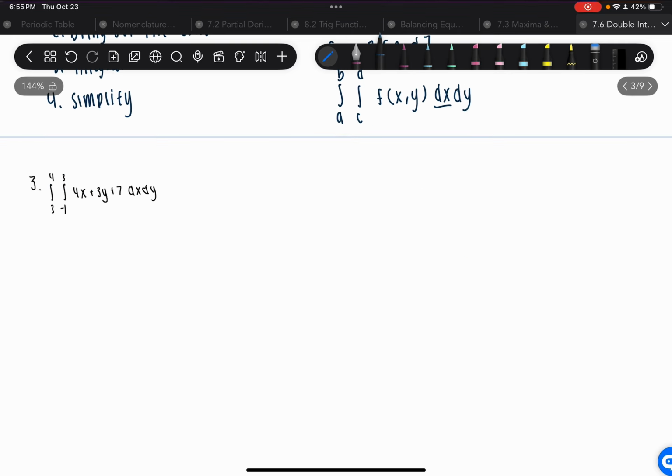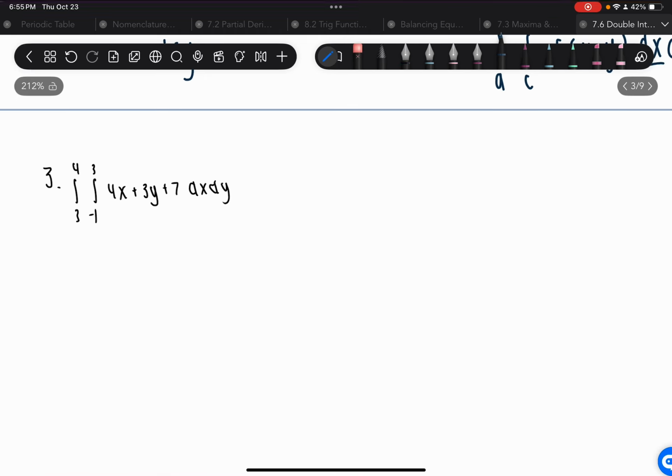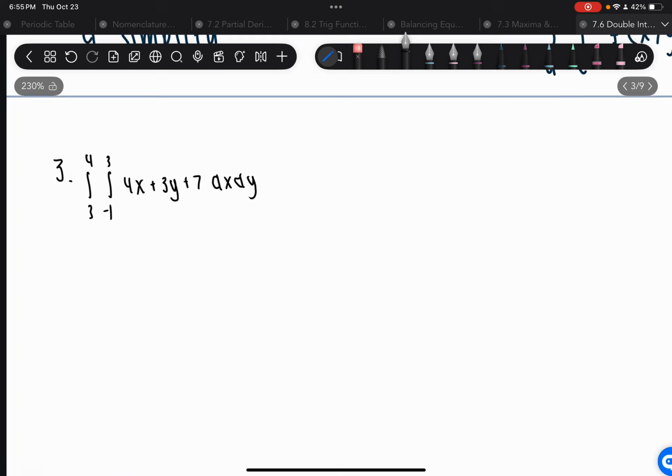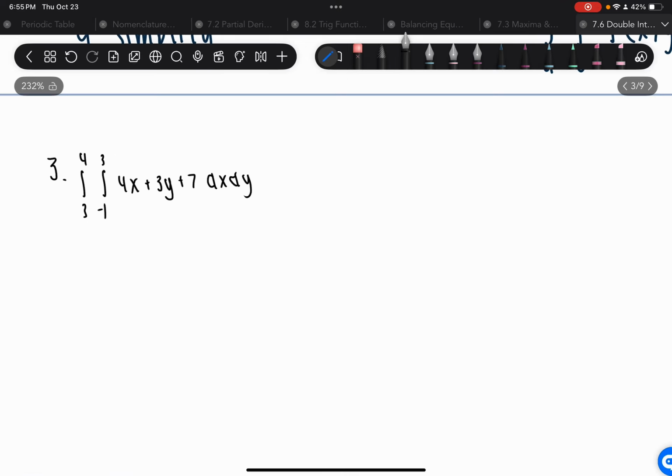So let's look at an example and work on it together. So here I have a double integral from 3 to 4, from -1 to 3, 4x plus 3y plus 7 dx dy.